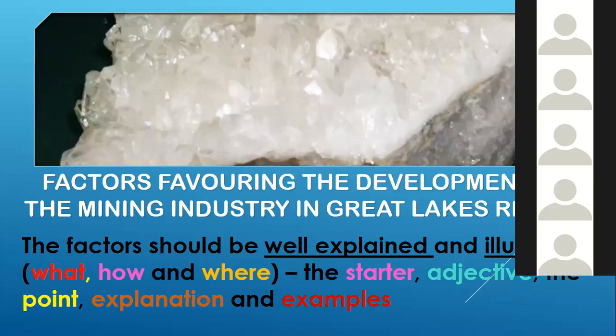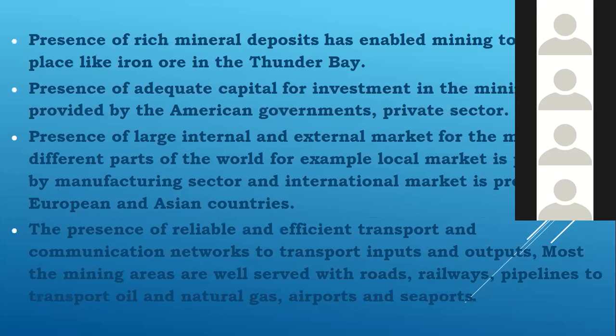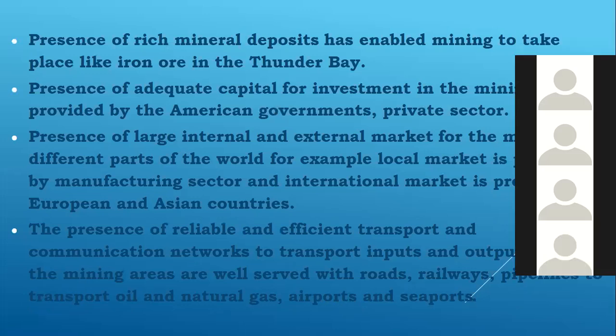So one of the factors is the presence of the rich mineral deposits, which have enabled the mining to take place, like iron ore in the Thunder Bay. So you see the starter, the presence, then the word rich, that is now the adjective, then the mineral deposit, then the excavation has enabled mining to take place.